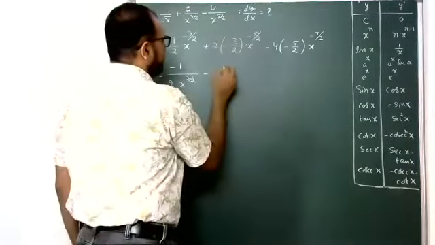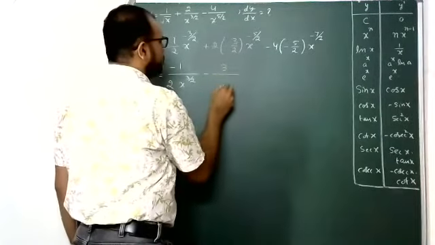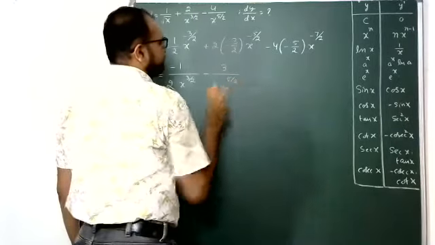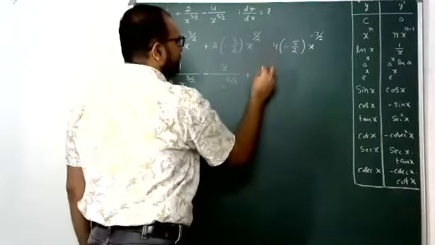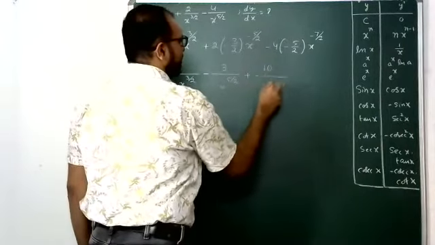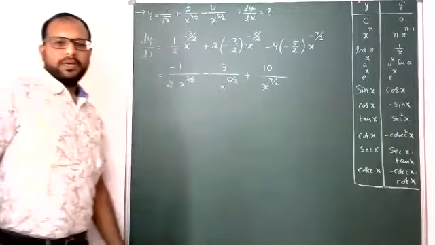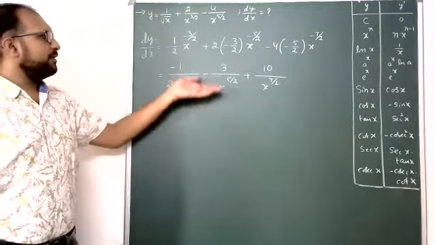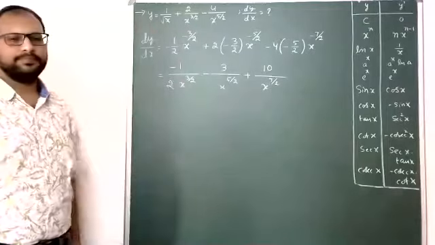Second term, minus 3 divided by x to the power of 5 by 2. Minus minus plus, here 2, that is 10 x to the power of 7 by 2. So students, that was one small revision of yesterday's class with the help of this problem.